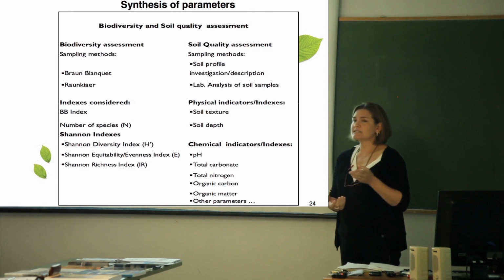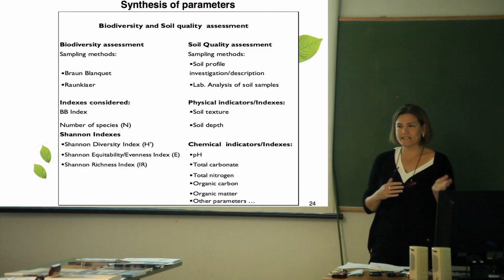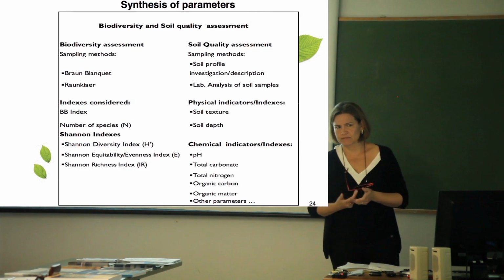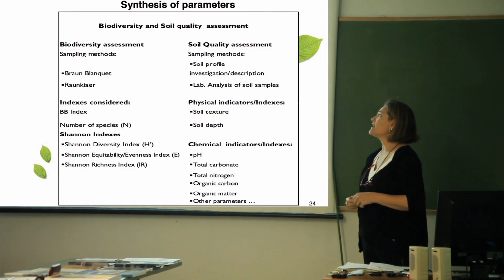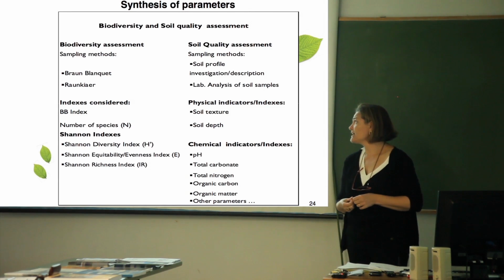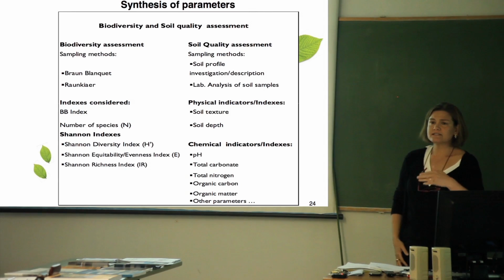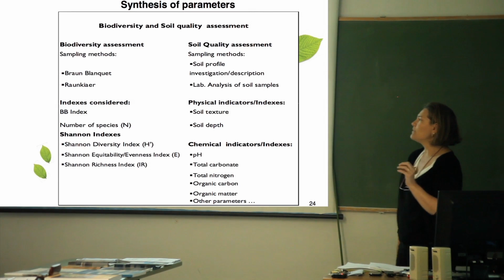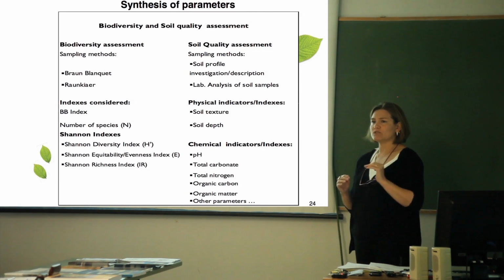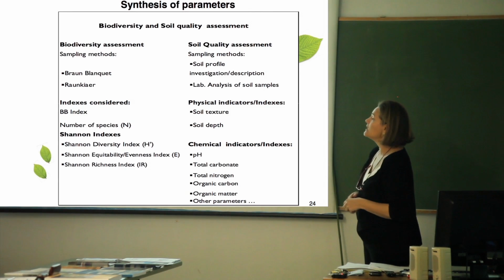But then we needed some more specific idea of what was going on in terms of flora community composition. That's why we applied the Raunkiaer method of sampling that allows us to have a specific contribution of the different species present and to have a better idea of the correlation between the species that are present and the different parameters of soil.